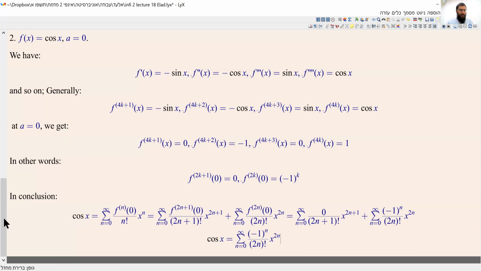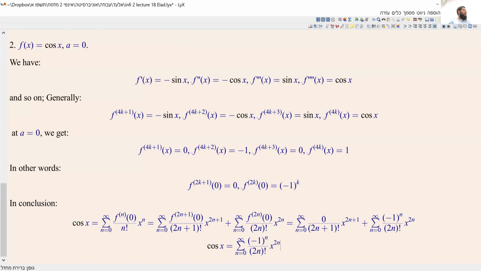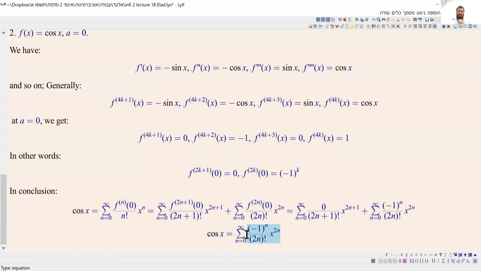We can answer the same question for what values of x. Now, this is the point we discussed earlier, not today, some last week or the week before that, that formally speaking, we cannot use the ratio test here because every second coefficient is 0.